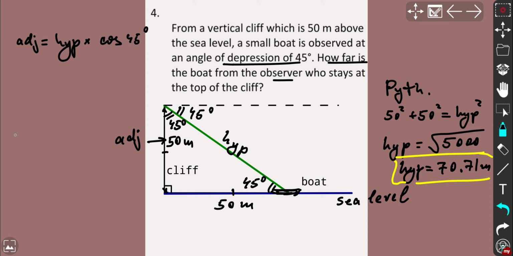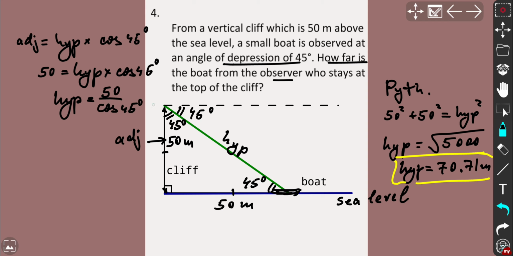Okay, so we've got 50 equals hypotenuse times cos 45, from where the hypotenuse is simply 50 over cos 45. And if you calculate that, you'll actually get a fast track and a shortcut to solve it very efficiently.